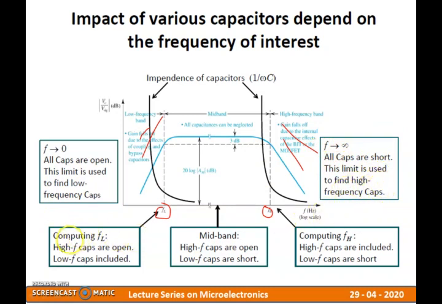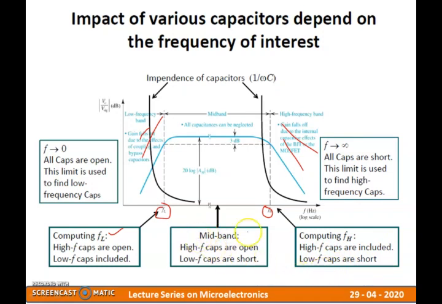To summarize, to compute FL, I make the high frequency capacitors open and include the low frequency capacitors. If I do this, then I can compute FL. To compute FH, I include the high frequency capacitors and short the low frequency capacitors, because low frequency capacitors can be shorted, they cannot be open.